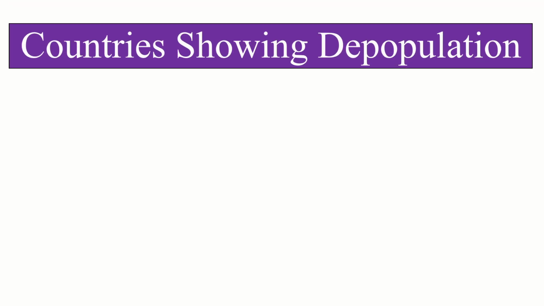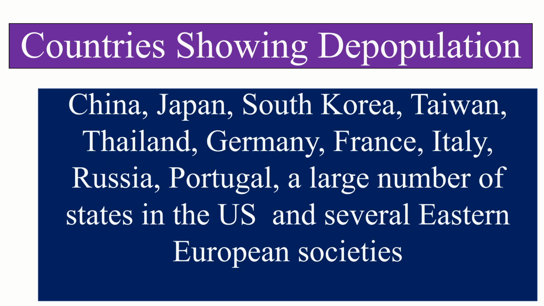The countries showing depopulation include Western European states, several states in the United States, several Eastern European states, and the leading economies in Asia, including China, Japan, South Korea, and Taiwan.